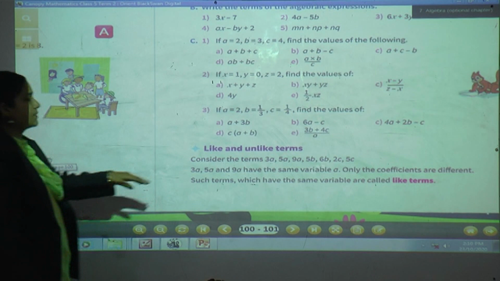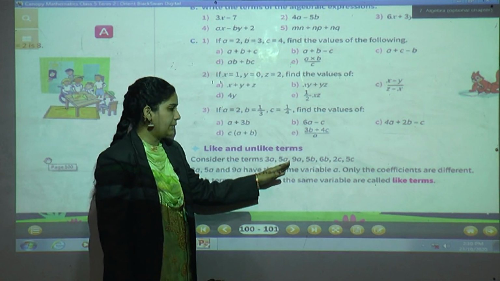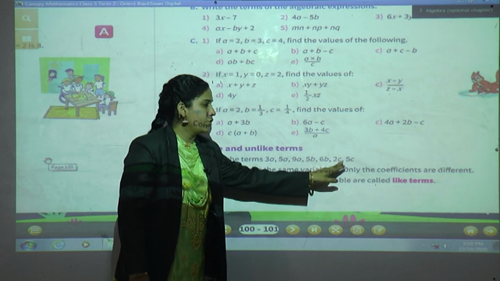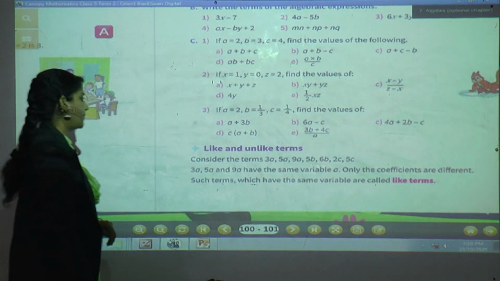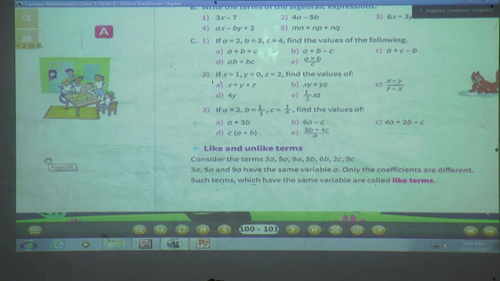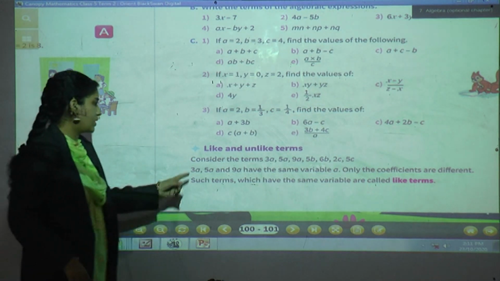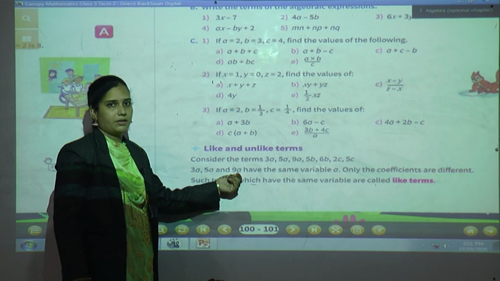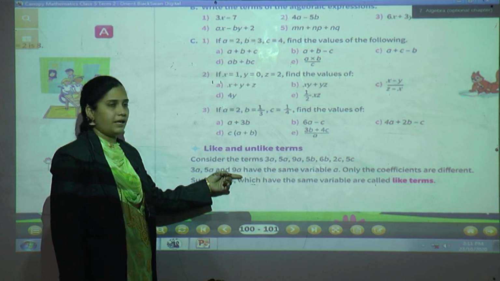Consider the terms 3a, 5a, 9a, 5b, 6b, 2c and 5c. Here 3a, 5a and 9a have the same variable, isn't it? You can see here variables of 3, 5 and 9, it's same, that means a.